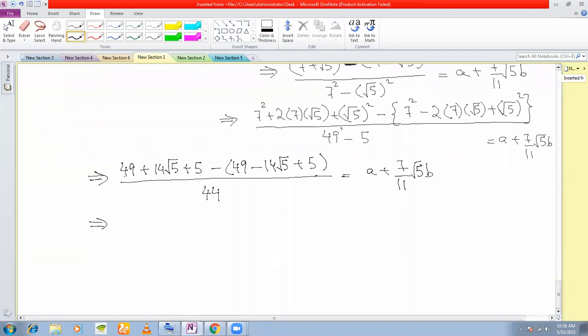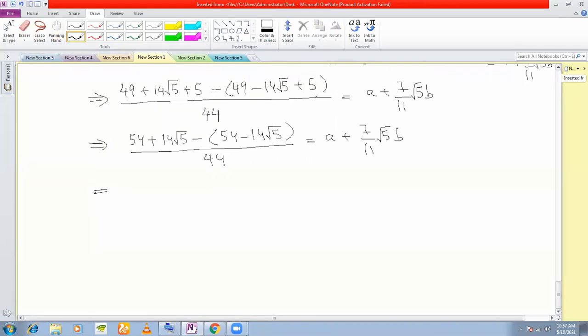Now you simplify the numerator. 49 plus 5 will give you a 54. 54 plus 14 root 5 minus, again in brackets you have 54 minus 14 root 5, divided by 44 is equal to a plus 7 by 11 root 5 b.